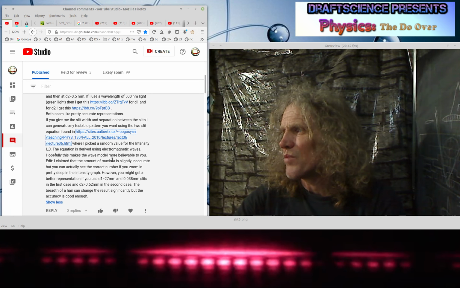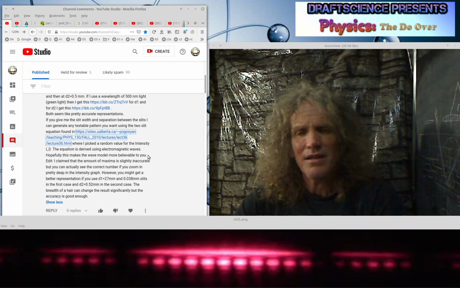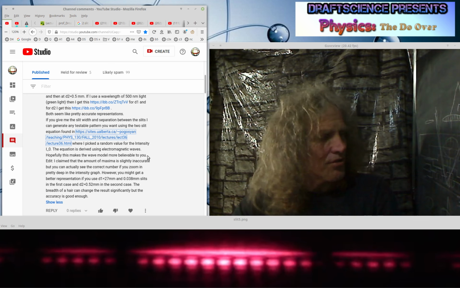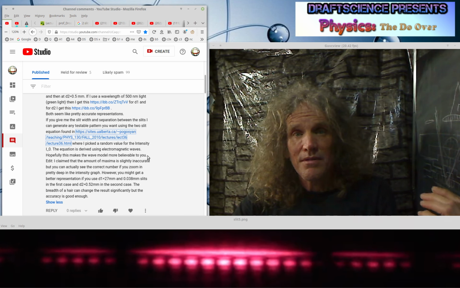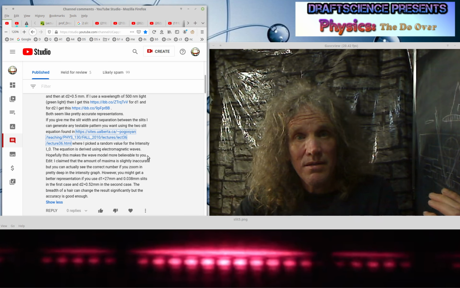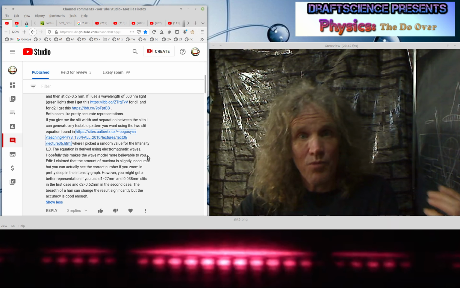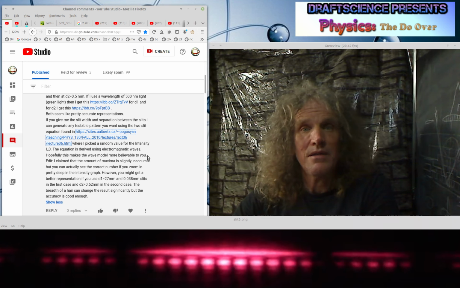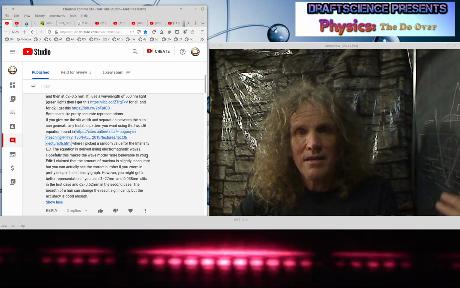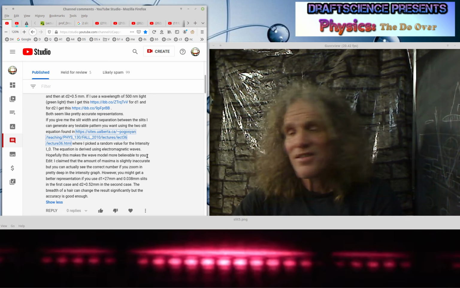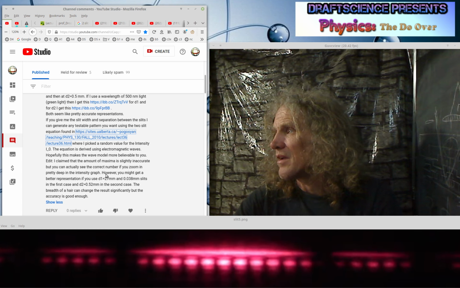Hopefully this makes the wave model more believable to you. So again, it's not a wave model. There's only two waves involved, and you can't draw it. The wave model doesn't create the double pattern. It doesn't happen in water. It doesn't happen in a pond. It doesn't happen anywhere. It's a light phenomenon, and it's not waves. Okay.